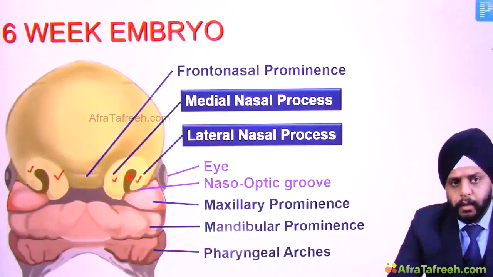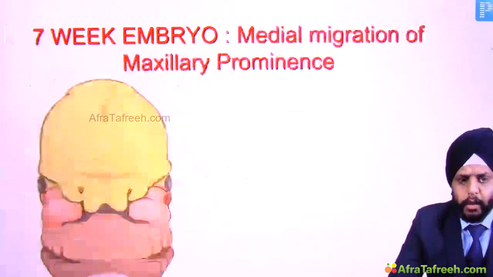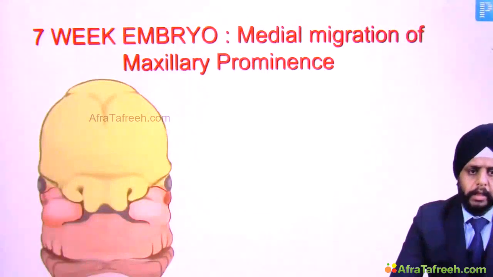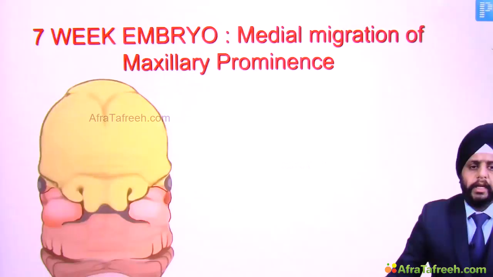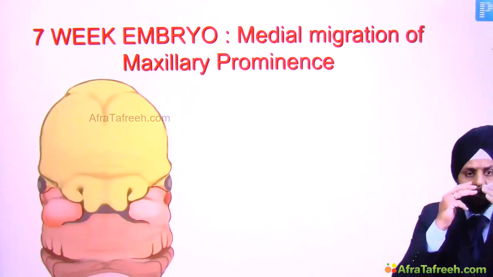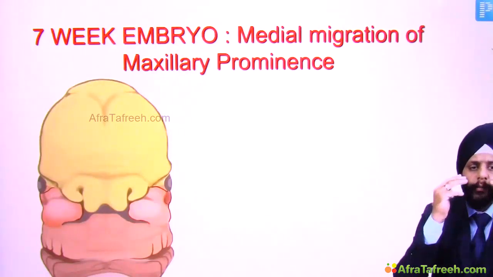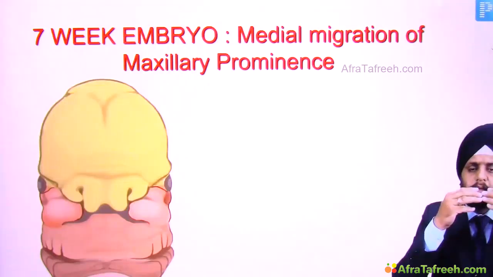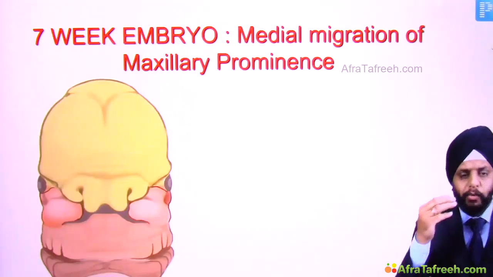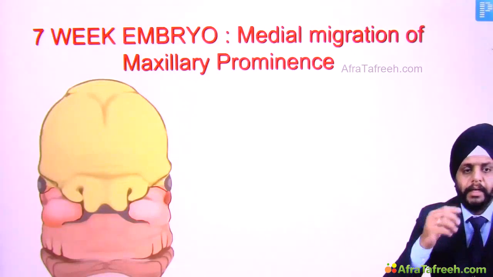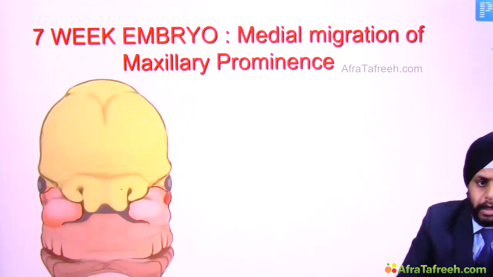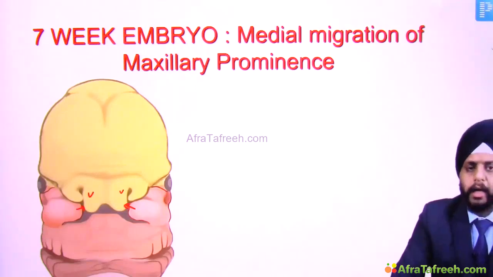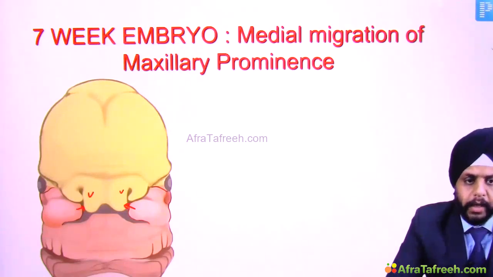Now, let's go ahead and see what happens. You see, the maxillary prominence is growing from the two sides, and it is coming and trying to meet in the medial. When it is growing, it is pushing the medial nasal process. As you can see over here, these two medial nasal processes are being pushed medially by the medial migration of the maxillary prominence.